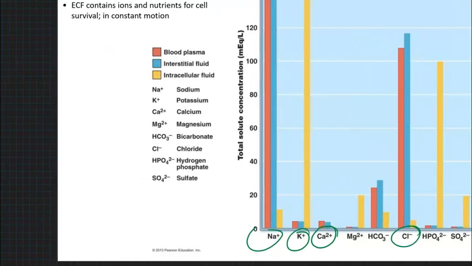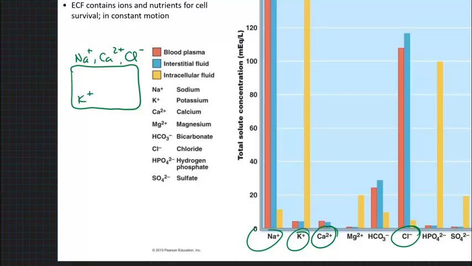And by relative concentrations, I mean this. The concentrations of sodium, calcium, and chloride are higher outside of the cell. I think we mentioned that before. The concentration of potassium is higher on the inside. There will be absolutely no questions about any other ion except these 4.